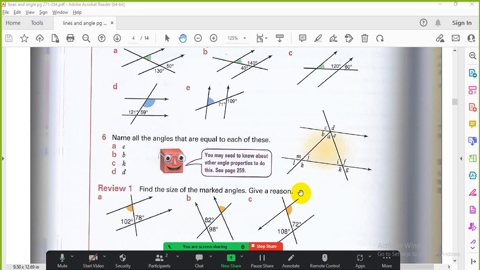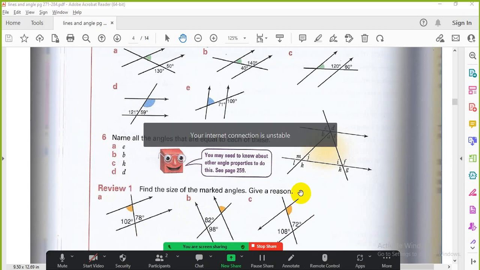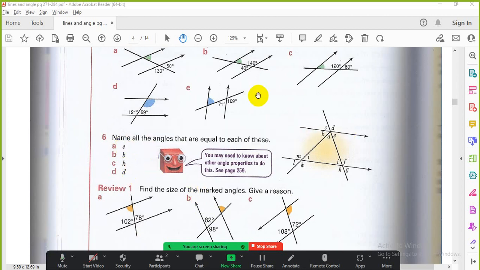Okay, is that done? Yes, sir. Right, so letter E, what are the angles equal? Letter C, okay. What else?